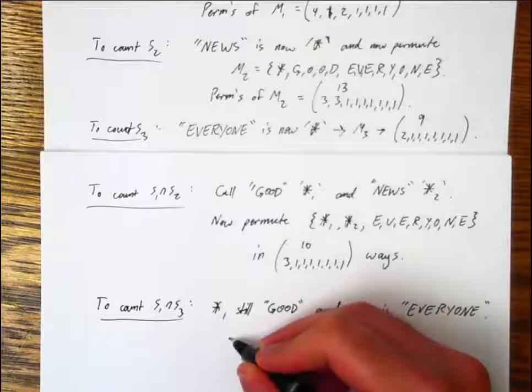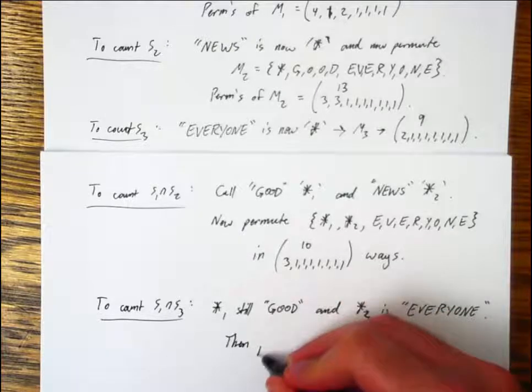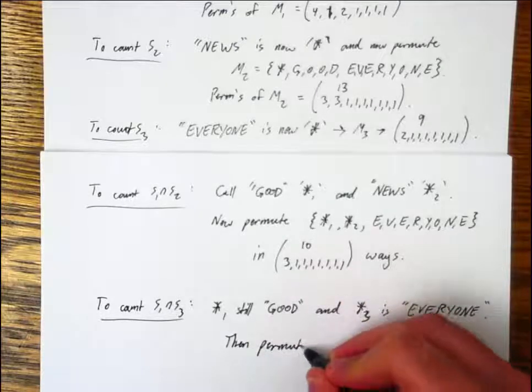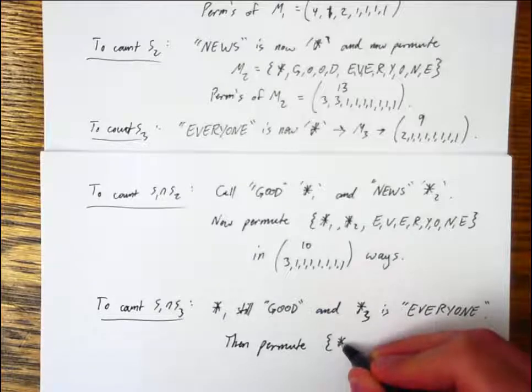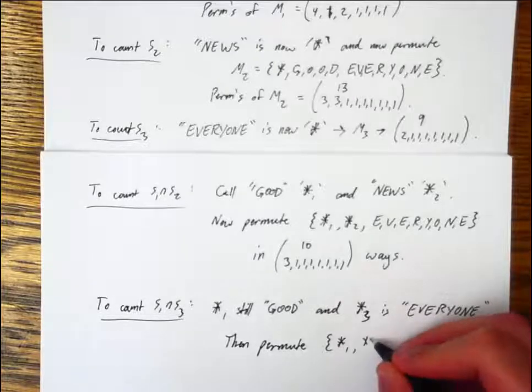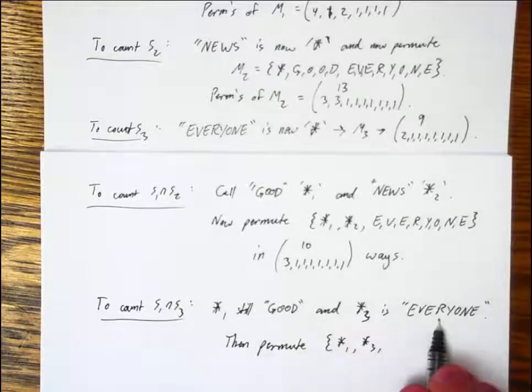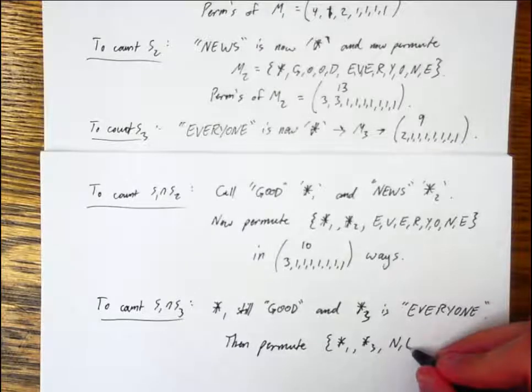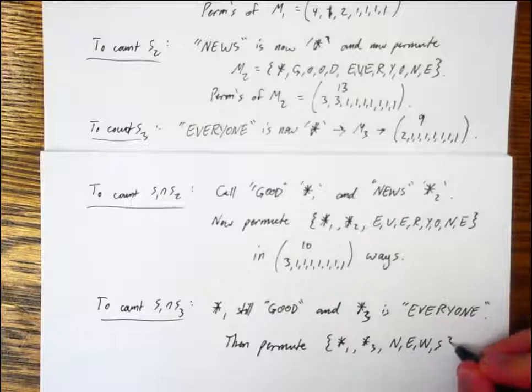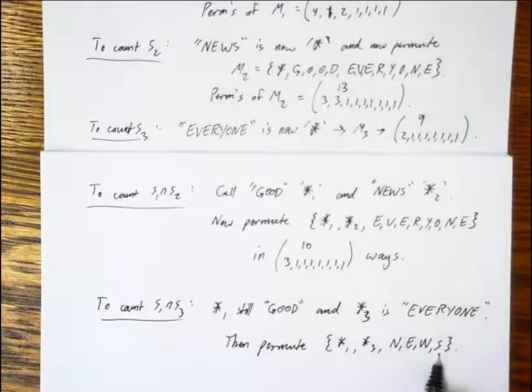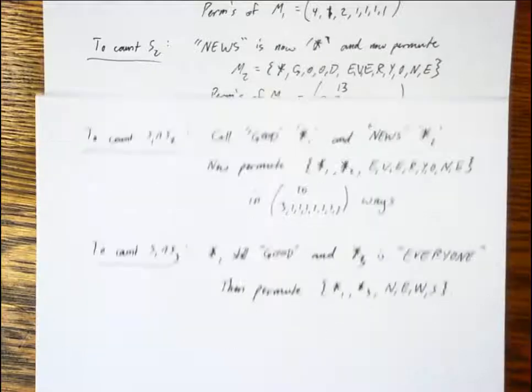All right, so then we can permute star 1, star 3, and then, well, I used good, I used everyone, so all that's left is news. There's a total of 6 different letters here.